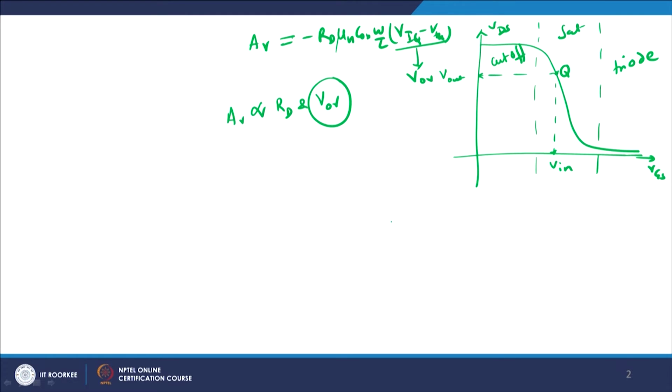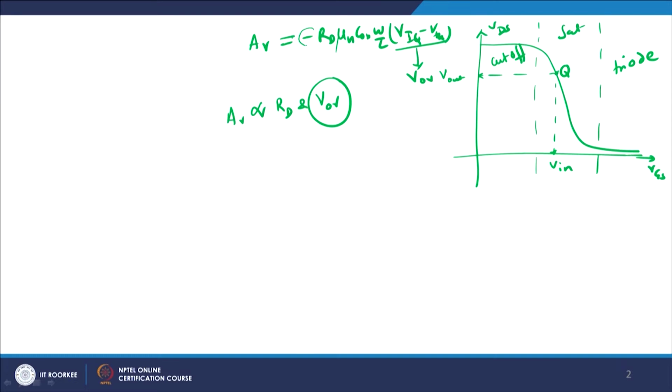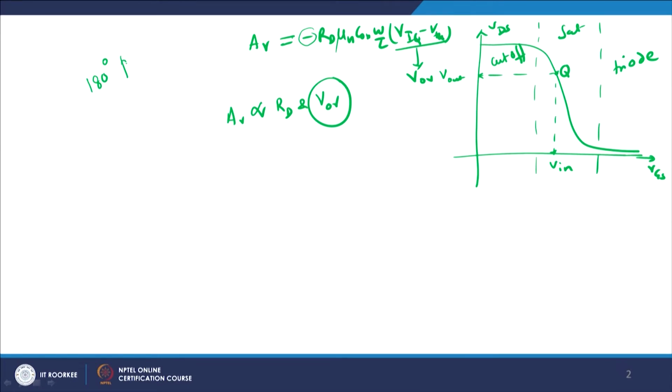So, the voltage gain AV is proportional to RD and also to the overdrive. Higher the overdrive, more will be the gain, and of course higher the RD you will also get more gain. But you have a negative sign here, which tells me that a MOS device in a source grounded condition will always have the output 180 degree phase shifted as compared to input. So, it will always be negative in nature.